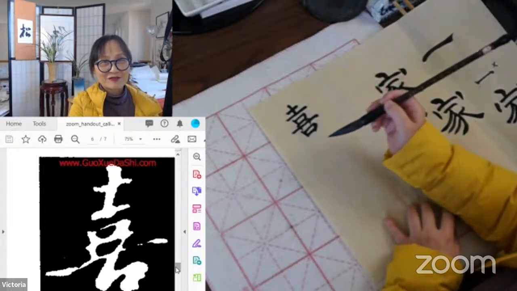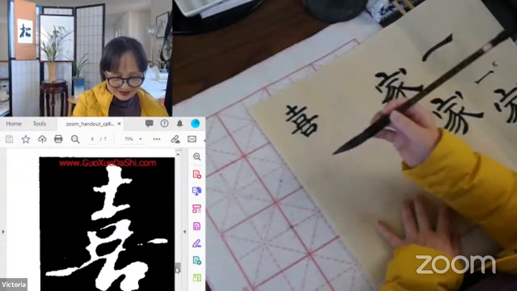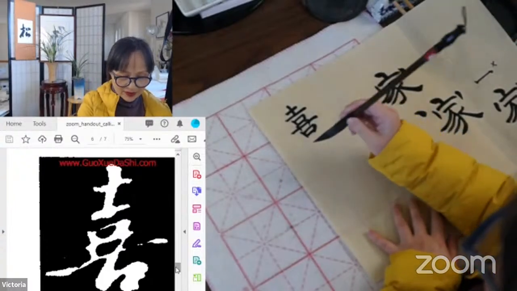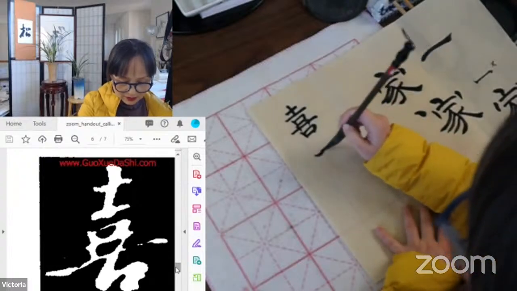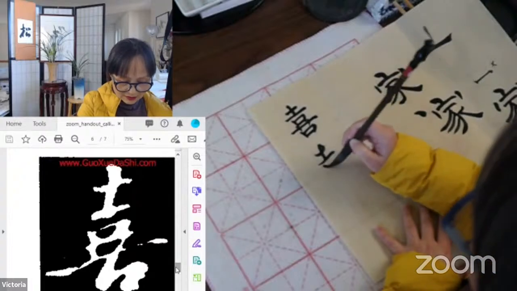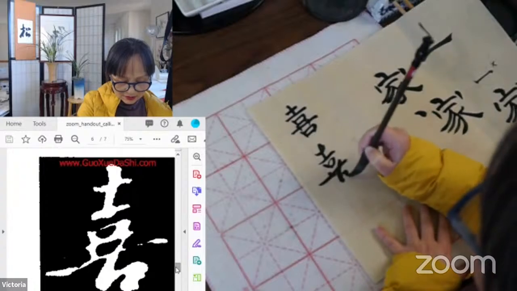Very connected, vertical and then horizontal, vertical. I always say it looks like the number 12. Okay, go, more connected.